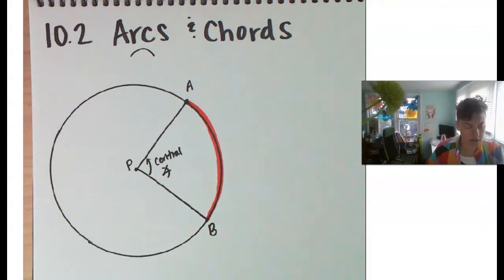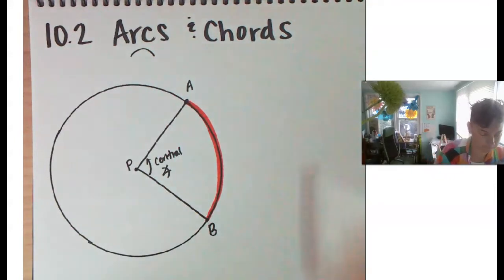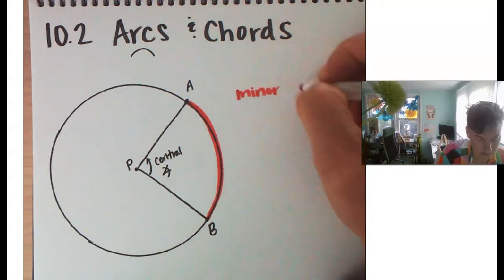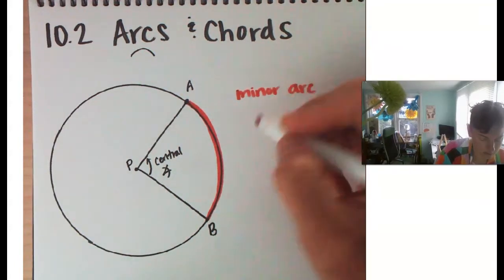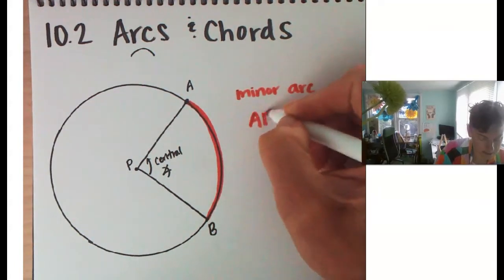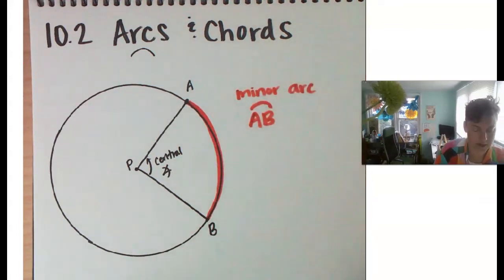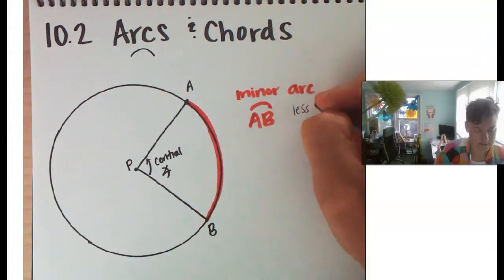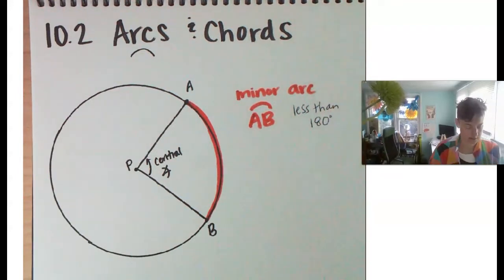It's minor because it's smaller, and any minor arc is less than 180. We have our minor arc, which is AB, and has this arc symbol on top. And minor arcs will always be less than 180 degrees.